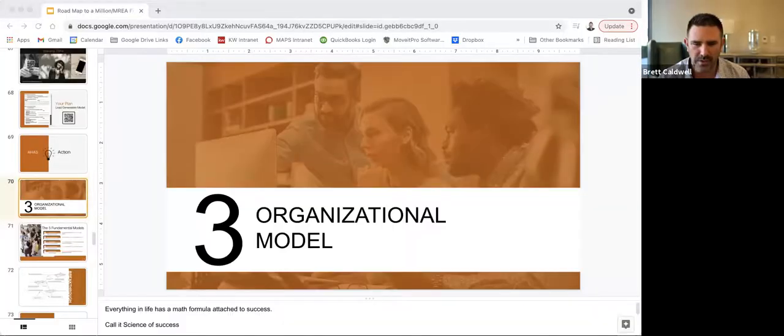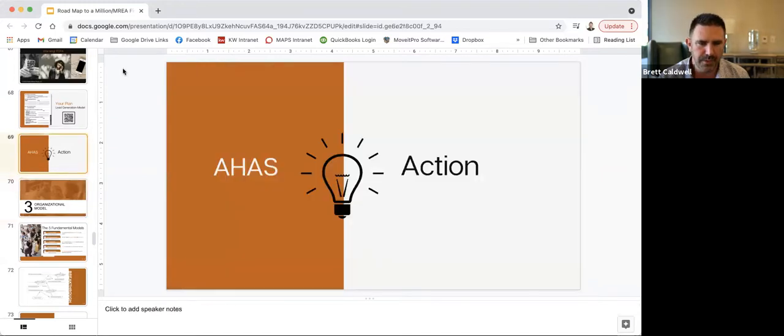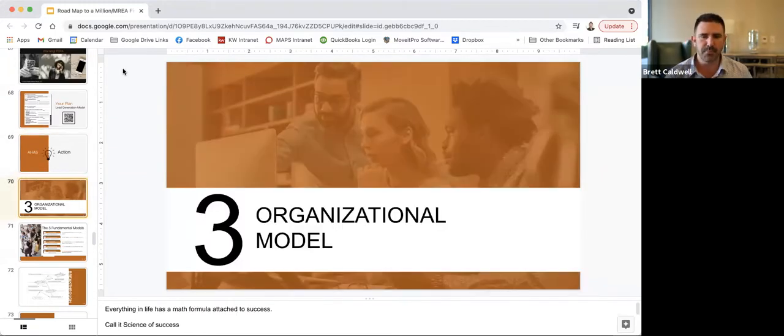So I always like to start with the perspective around what is the Millionaire Real Estate Agent, right? This book is really the compilation of research from Gary Keller, where he took the research of all the people succeeding at a high level.